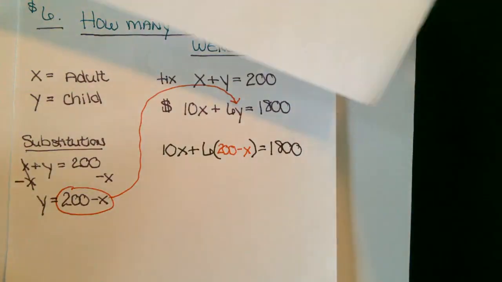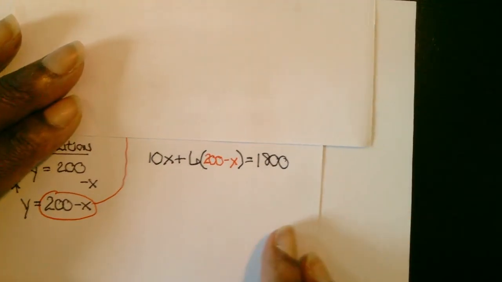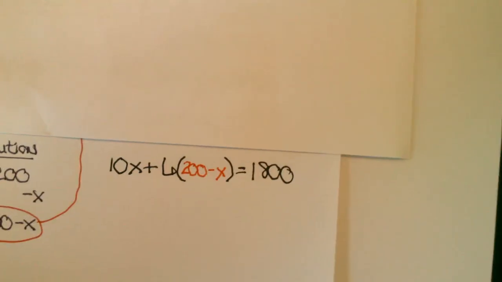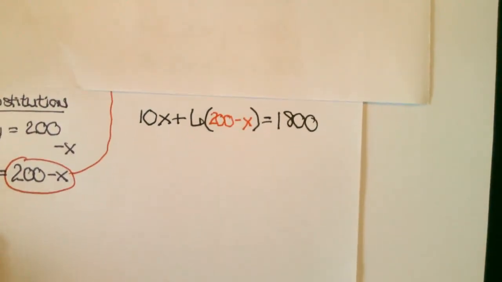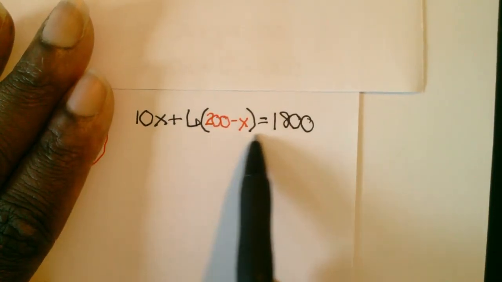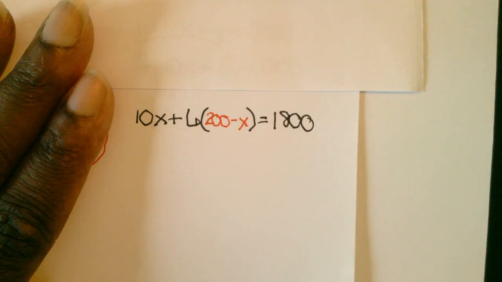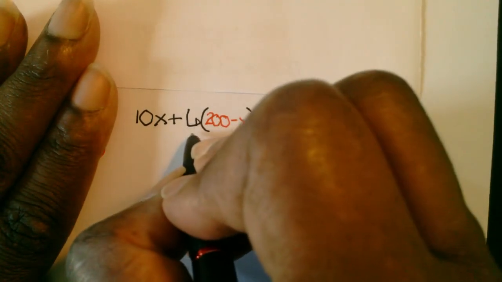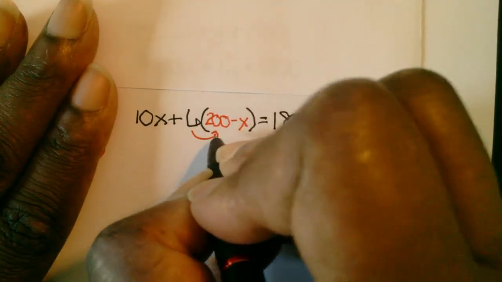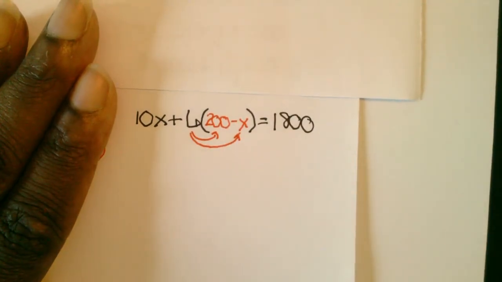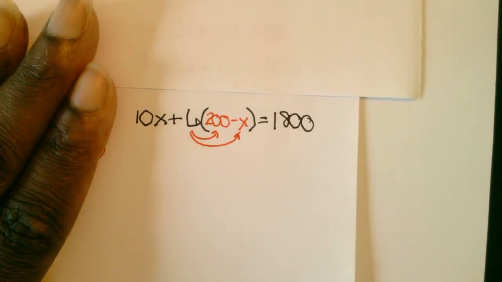So let's cover this so we can focus our attention on one spot. I want you to focus only on this equation. From here, we can distribute. We're going to take that 6 and everything inside that parenthesis, and multiply.